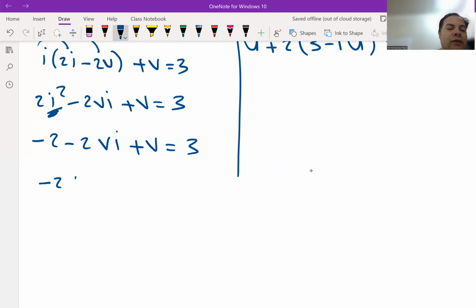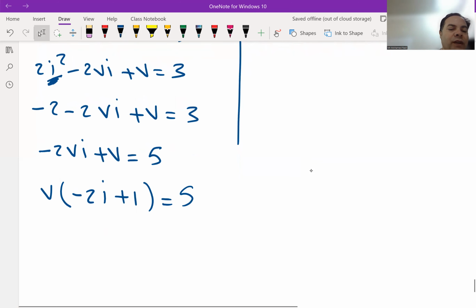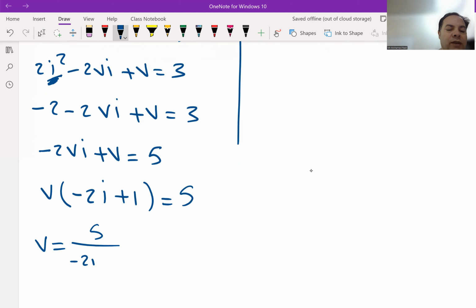Minus 2vi plus v is equal to, moving negative 2 to the other side, 5. Taking v outside, minus 2i plus 1 times v is equal to 5. So v equals 5 divided by minus 2i plus 1. Rearrange and write 1 minus 2i.